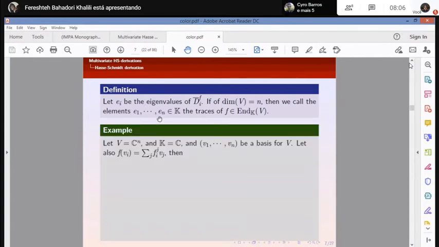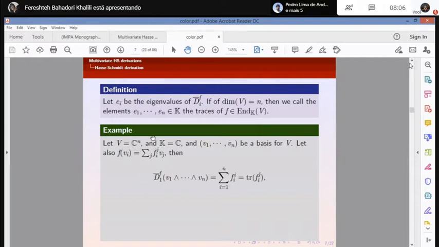The motivation for the name trace is that if we consider V to be the vector space C^n with this basis, then we can write the matrix of F like this.